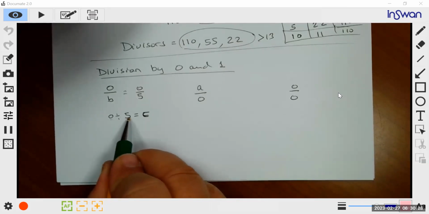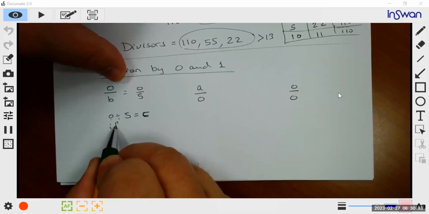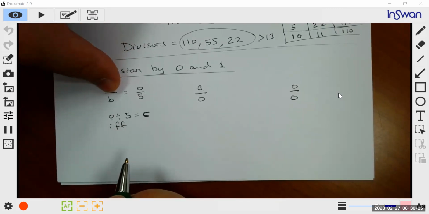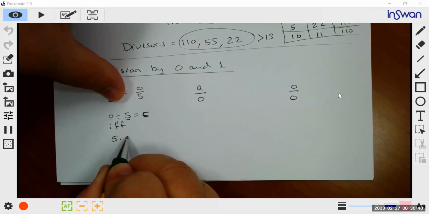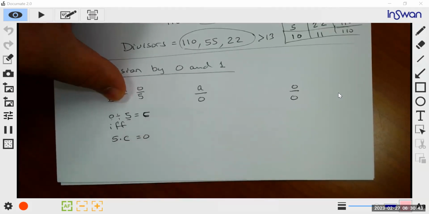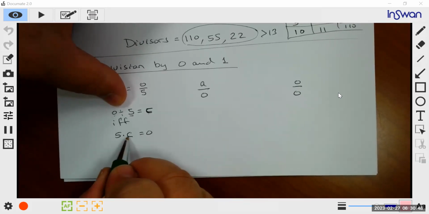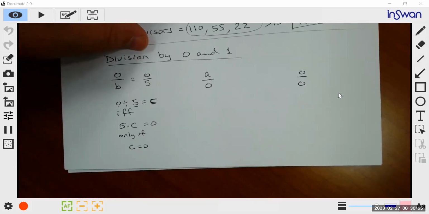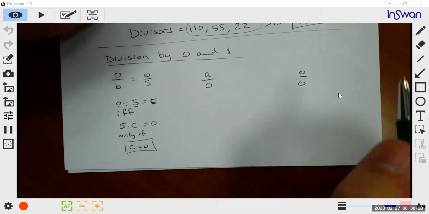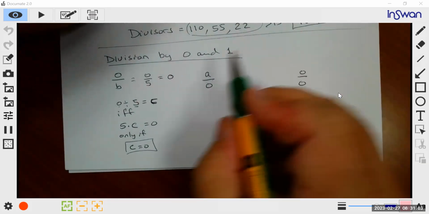So A divided by B equals C if and only if 5 times C is equal to 0. The only way this could be true is if C is equal to 0. Nothing else makes that true. So the answer, if 0 is on top, is 0.